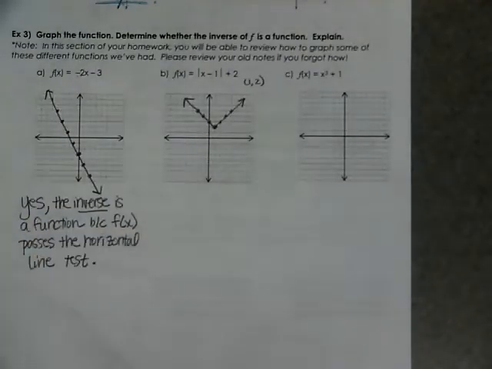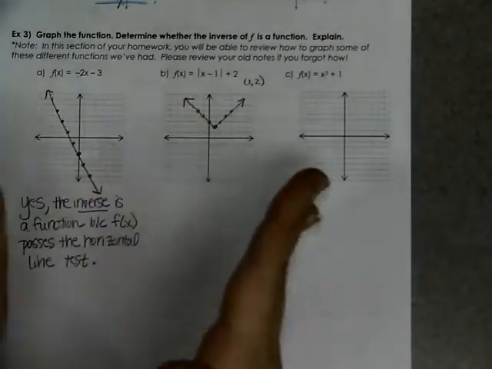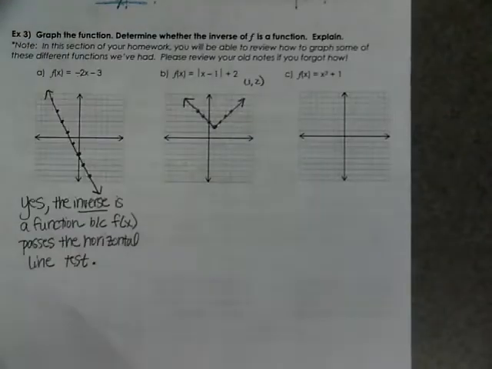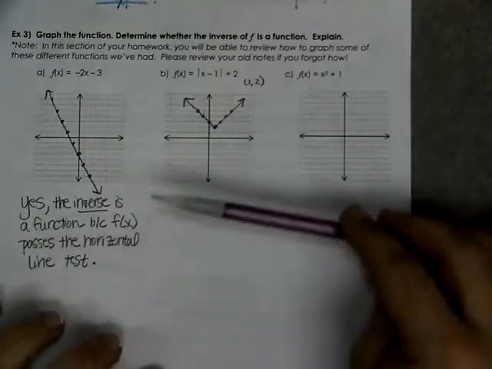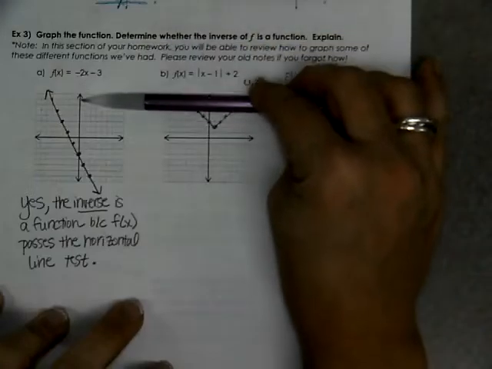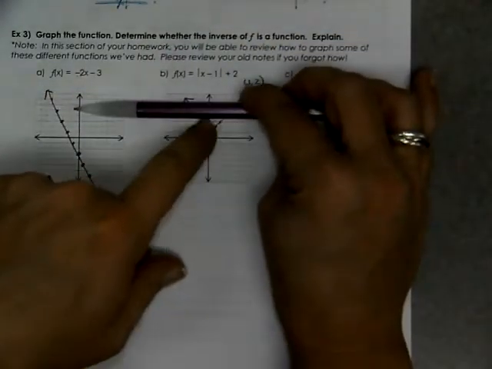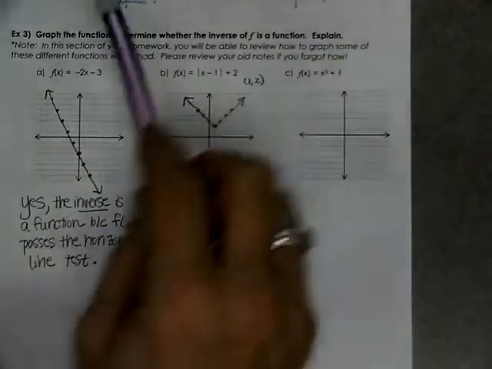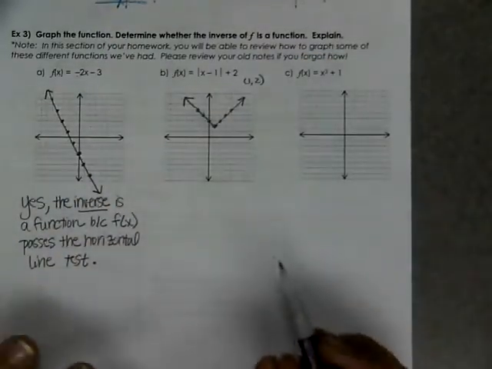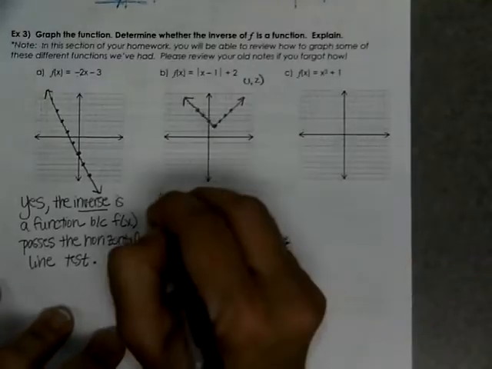So now that we've graphed f of x, which is a function, we want to see if the inverse is a function, and we do the horizontal line test. So let's try. Uh-oh, notice that we have a horizontal line that passes through more than once, actually on several occasions. So that means that the inverse is not a function.